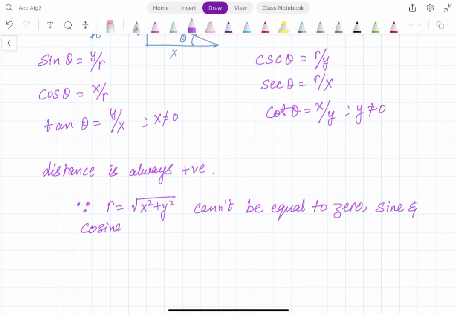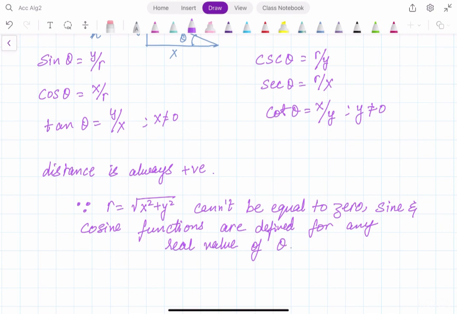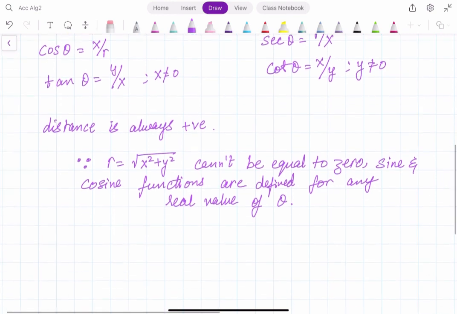Therefore, sine and cosine functions are defined for any real number or real value of theta.